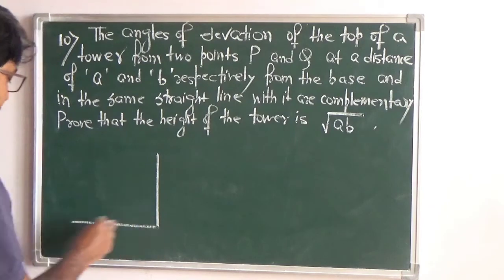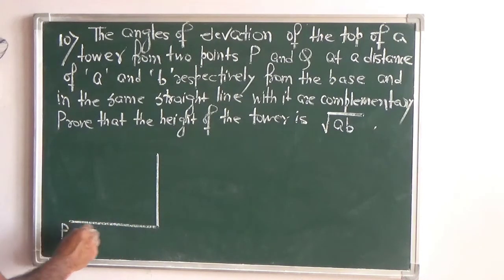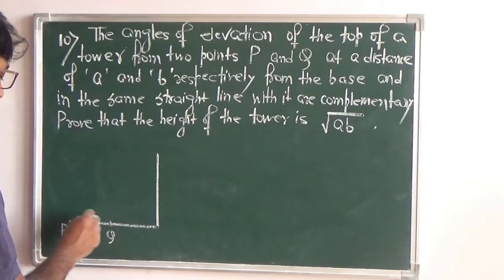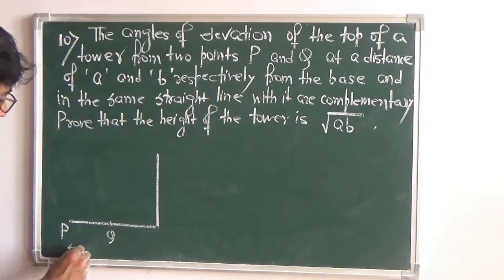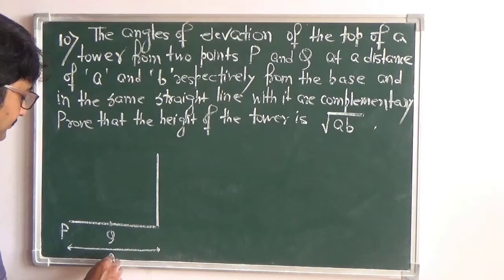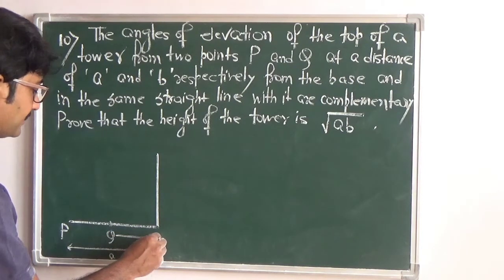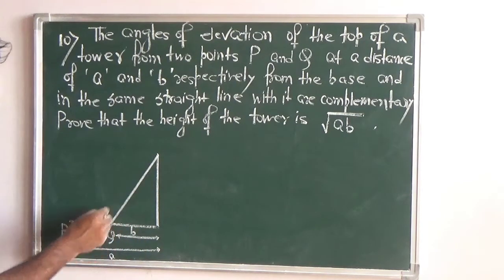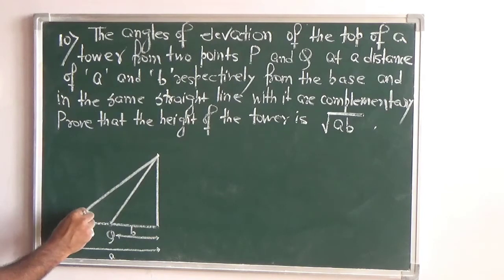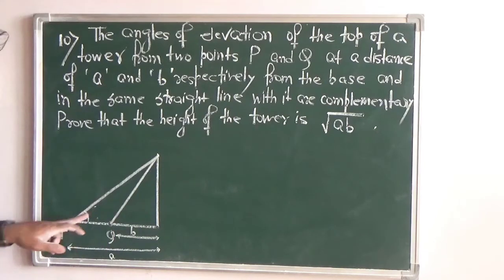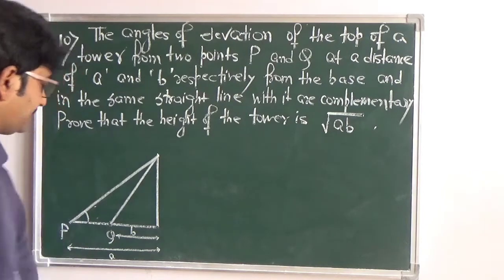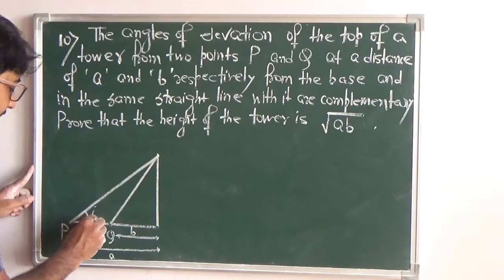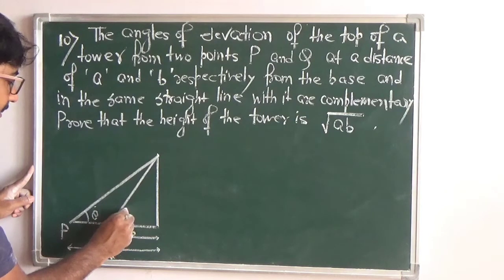Let us take this point as P and this point as Q. This distance is A, and this distance let us take as B. This is alpha. We have been given that the two angles are complementary. Complementary angles, you know, the sum of the two angles is 90 degrees. So if you take this angle as theta, then this angle will be 90 minus theta.